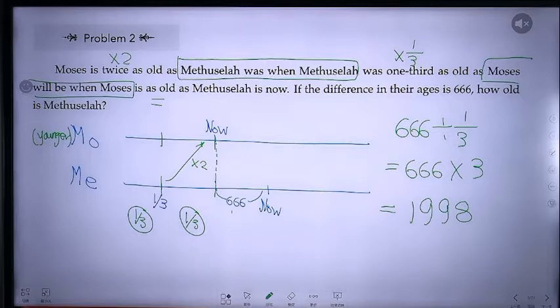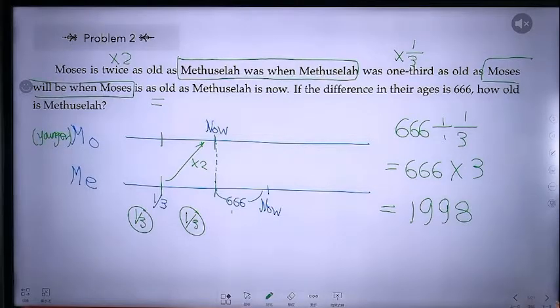So once you write down the condition in a nice way, especially in a picture, then it becomes a piece of cake. Right? Okay, so that is problem 2.